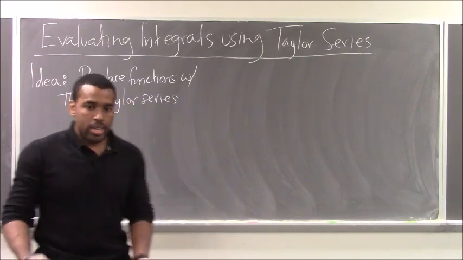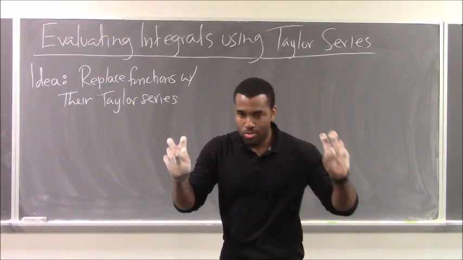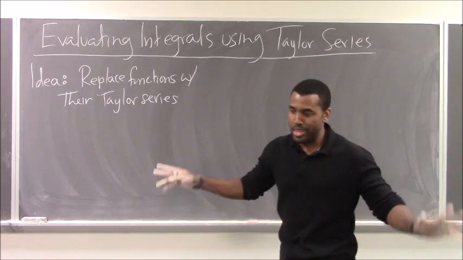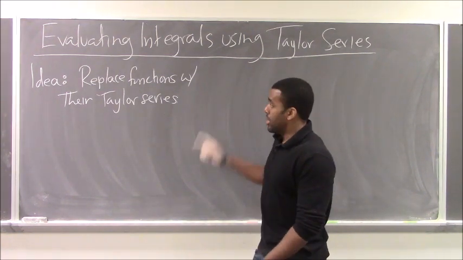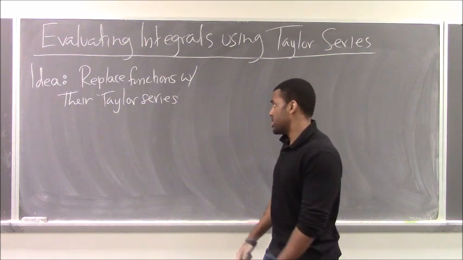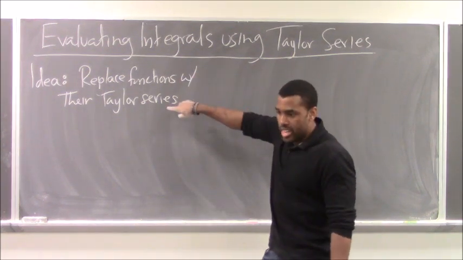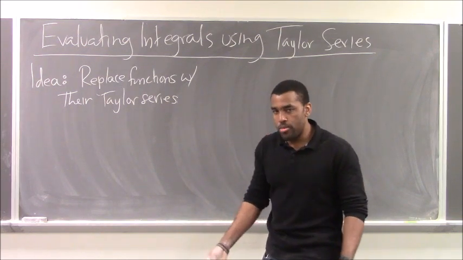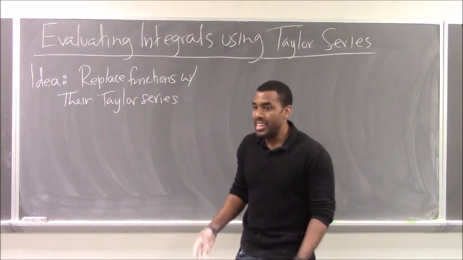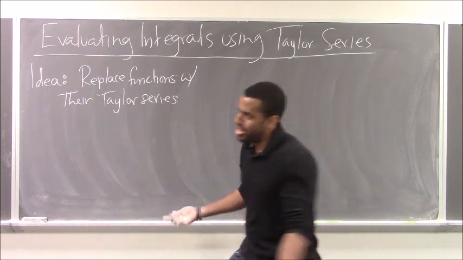Which allows you to write a random function, random in the sense that it behaves well enough for us to actually apply a Taylor series idea to it, and it actually converges to a Taylor series. Replace the function with its Taylor series and do the integration term by term, because you can essentially write a function as an infinite polynomial, and integrating polynomials is easy, right?